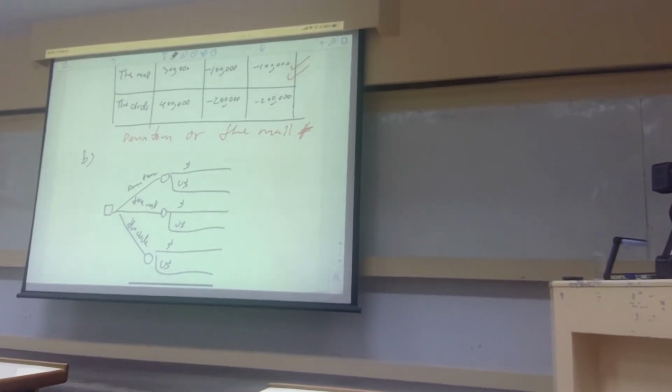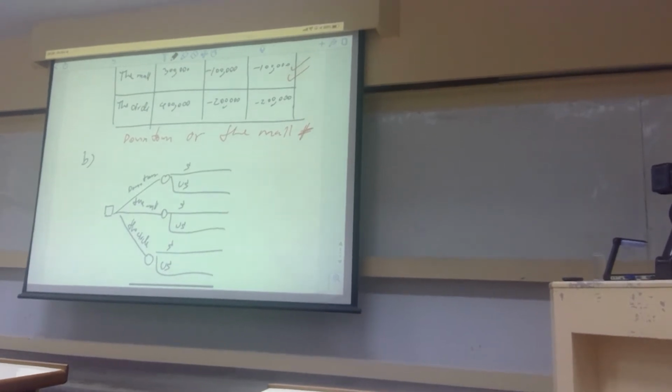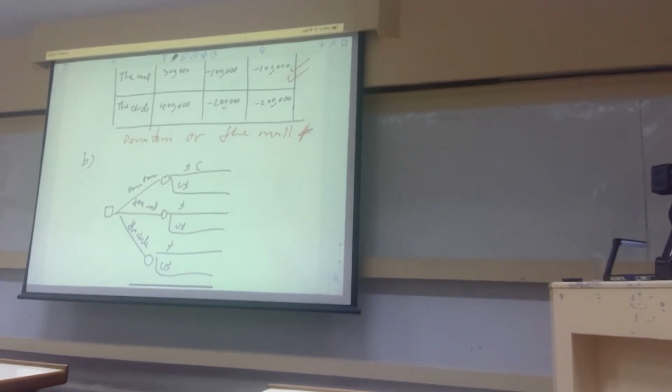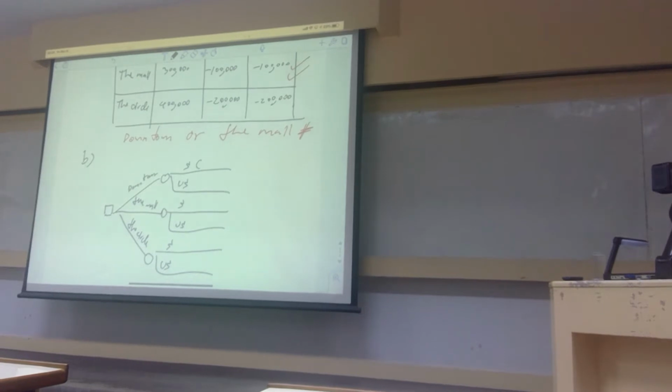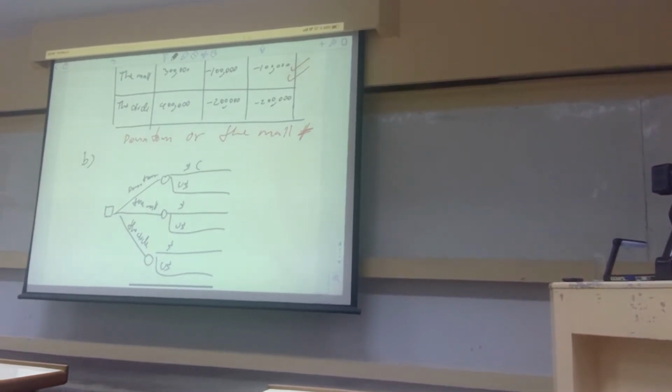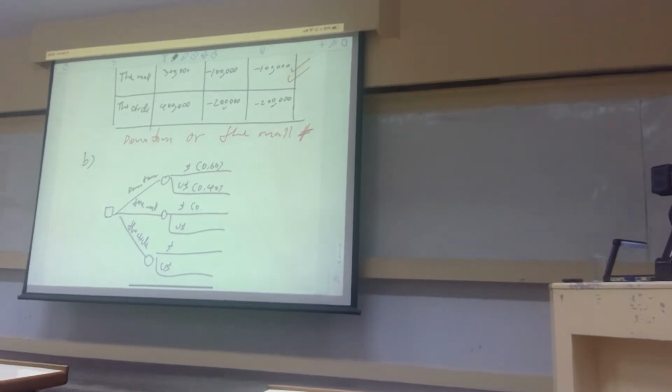Right, and using S for successful, US for unsuccessful, okay? We know the probability because the program tells that the chance of success is 60%. So unsuccess is 40%.